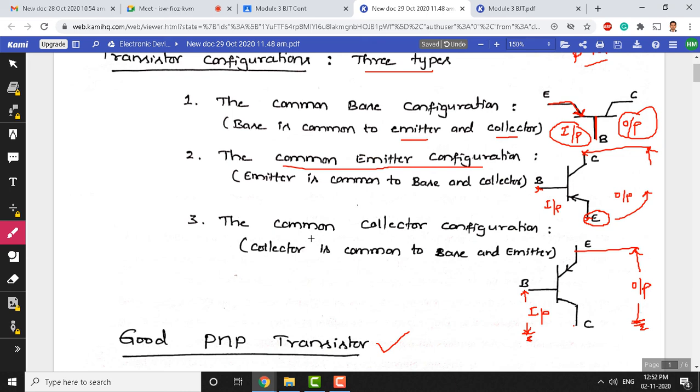In certain applications, like when we want to have a unity current gain, we go for common collector configuration. But here we have to have a trade-off between different parameters of a transistor. So that is why in some special applications we use common base and common collector configurations, but the most widely used configuration is common emitter configuration.